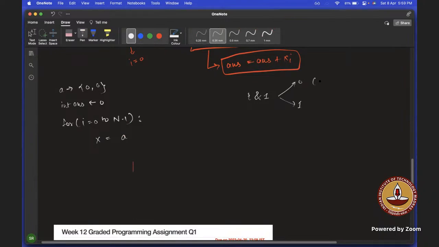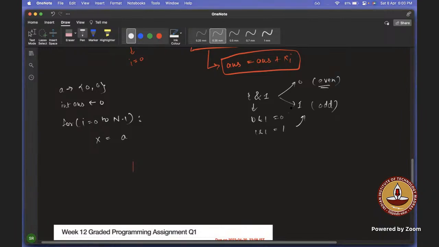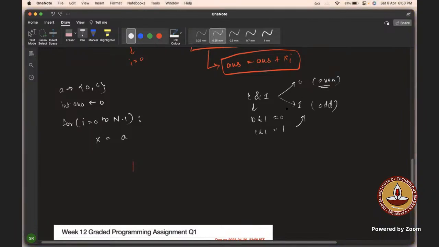If it gives 0, this means i was even. And if it gives 1, it means i was odd, right? Because 0 and 1 gives us 0, this means it was even. 1 and 1 gives us 1. This means it was odd, right? So that is why you could do i and 1.